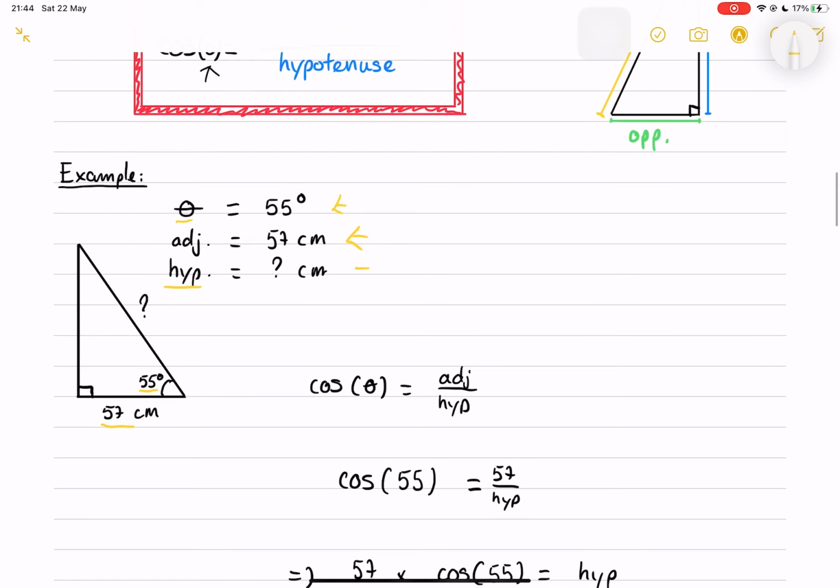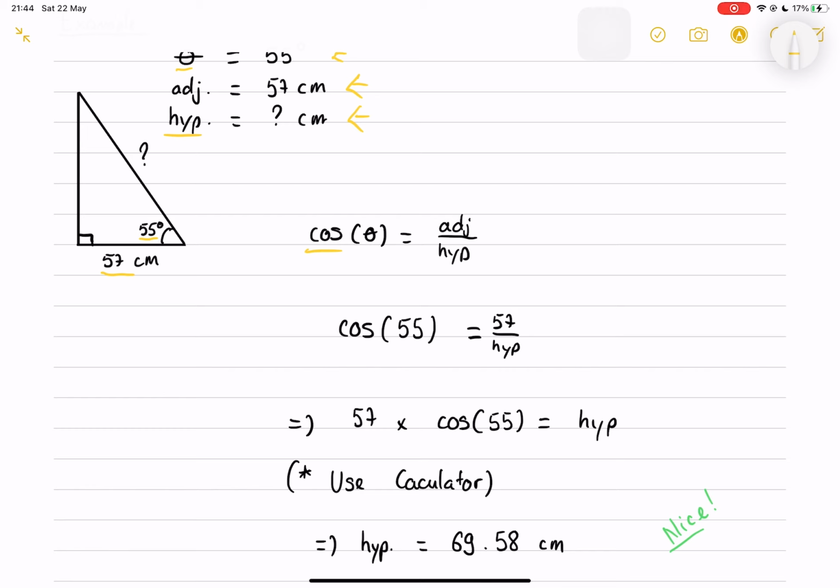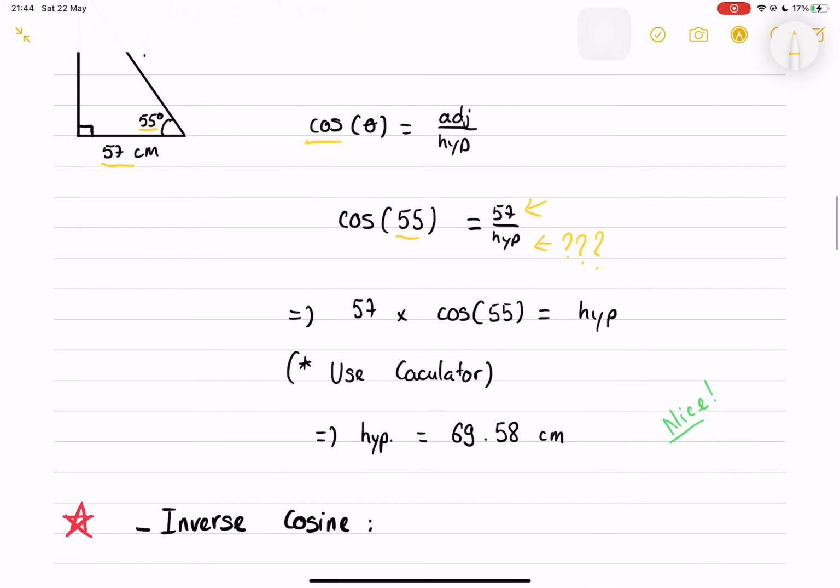We want to find it, so we just use the cosine to find out the hypotenuse. Just plug in the numbers: the angle at first is 55 degrees here, and the adjacent length is 57 centimeters, and the hypotenuse we don't know, so we're going to find it. If we want to find the hypotenuse, we have to multiply 57 by cosine of 55.